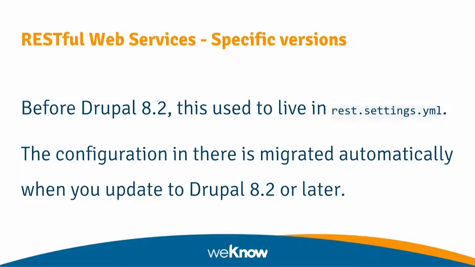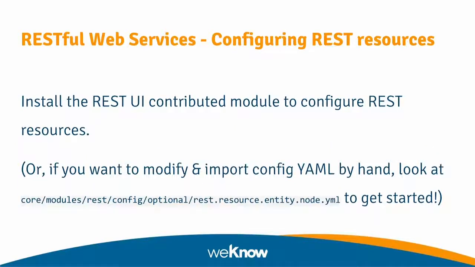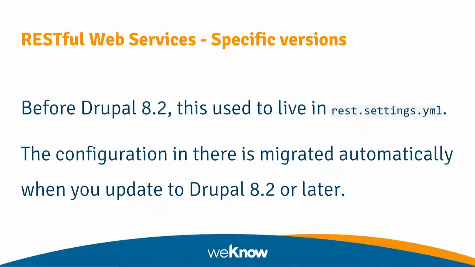Before Drupal 8.2, this used to be in a single YAML file called REST settings. Now it's a little bit more fine-grained. If you were running Drupal 8.2 and you upgrade to a newer version, any configuration that was there will be automatically migrated.